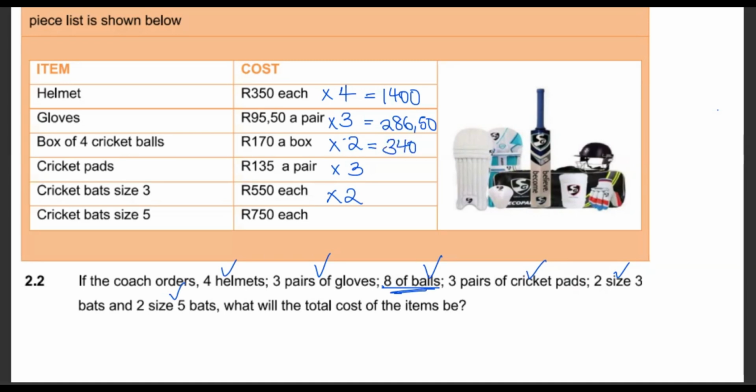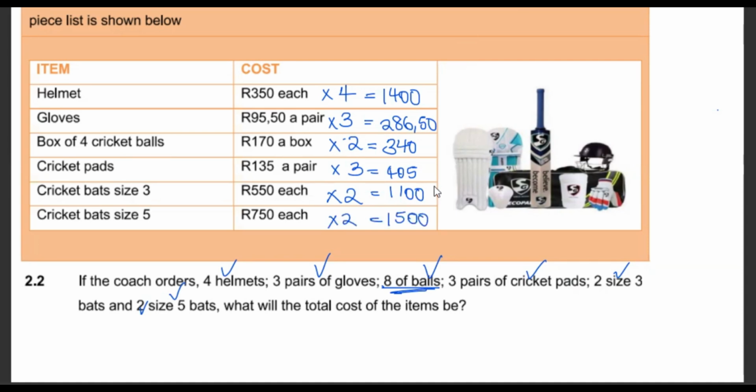Then 135 times 3, we have 405 rand. Then 1,100 for the size 3 bats. With the size 5 they also bought 2 of them, so this is times 2, which is 1,500.